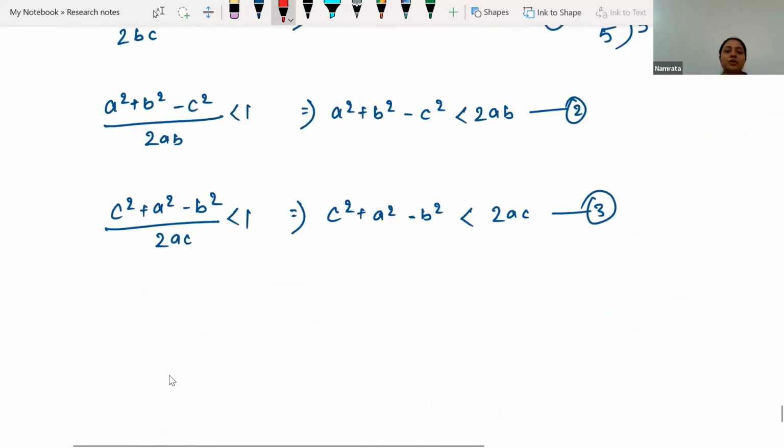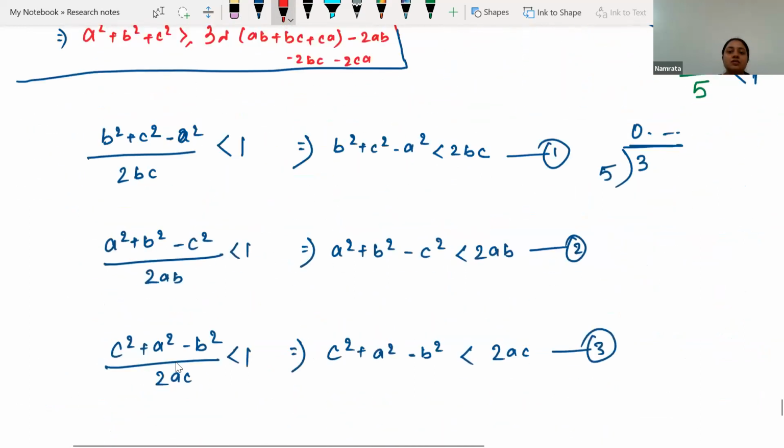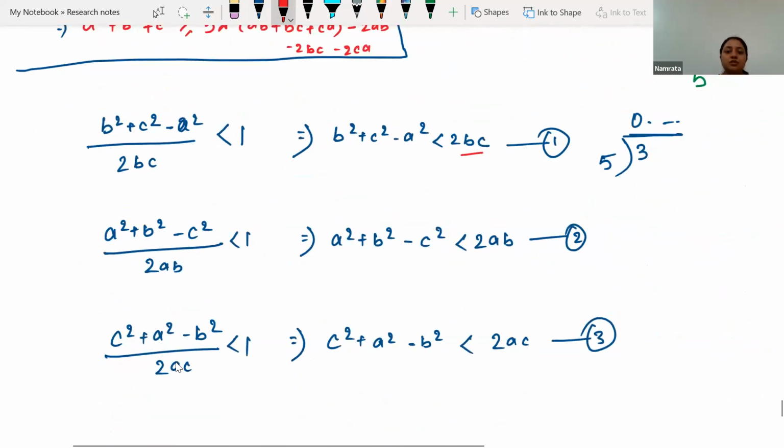Now here from these 3 relations we will be having 2ab, 2bc, 2ca. If we add these 3 equations, we will be having a simplified form. Please note it down.